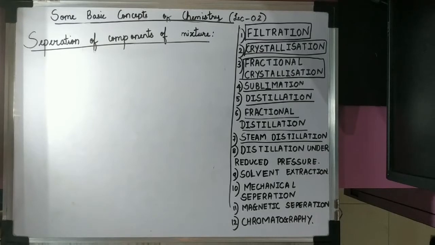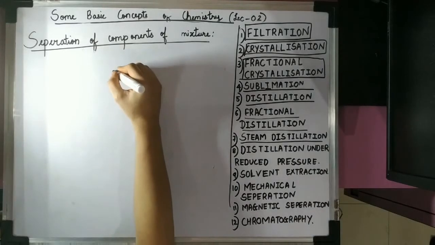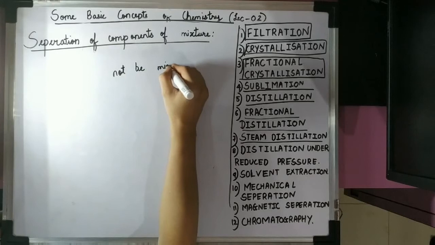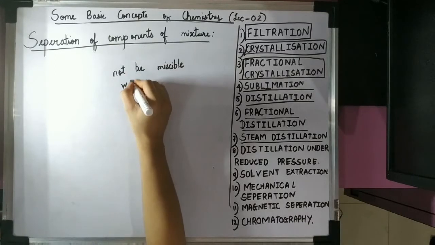In this method, a liquid is separated from a mixture of miscible liquids, so there are miscible liquids and only one liquid can be separated from it with steam. The liquid to be separated must not be miscible with water. So the condition for steam distillation is that it should not be miscible with water, right? If this condition is satisfied, we can then separate it with steam.